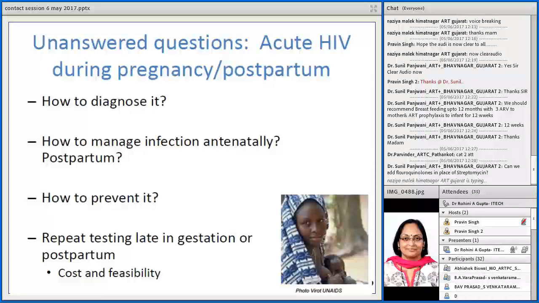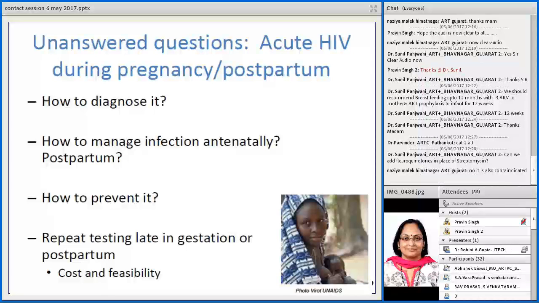We do an HIV test when the pregnant lady first comes to the antenatal clinic, but we actually need to do a follow-up test in late gestation because maybe she has now become HIV positive.